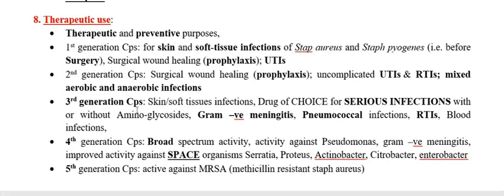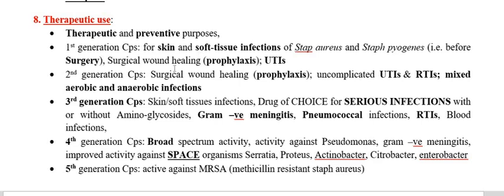Regarding the therapeutic use of the drug, from the first generation up to the fourth generation, we are going to use this drug as a prophylactic measure before surgery, and for skin and soft tissue infection of Staph aureus and Strep pyogenes.